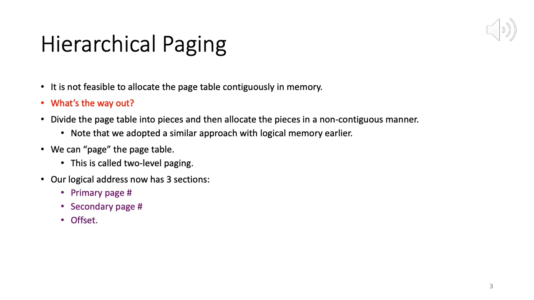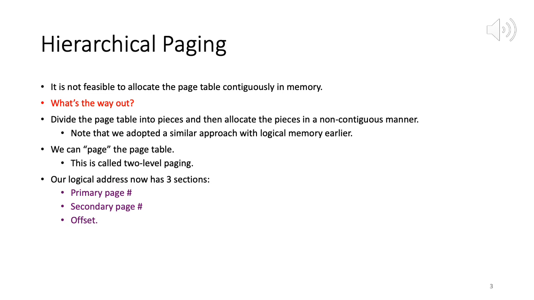So now our logical address will have three components: primary page number, secondary page number, and offset. First we will extract the primary page number part. Then we look into the primary page table.